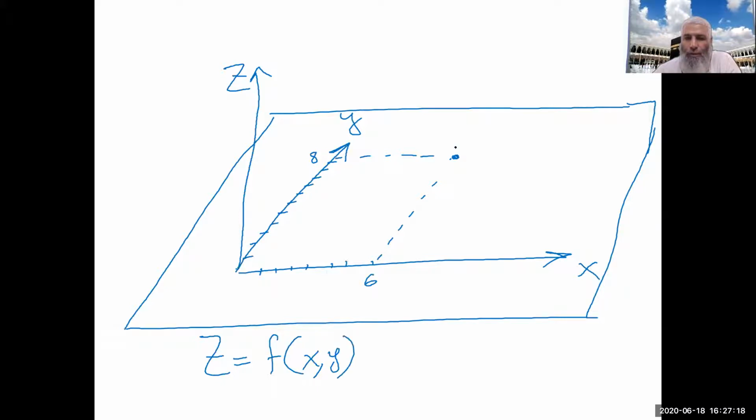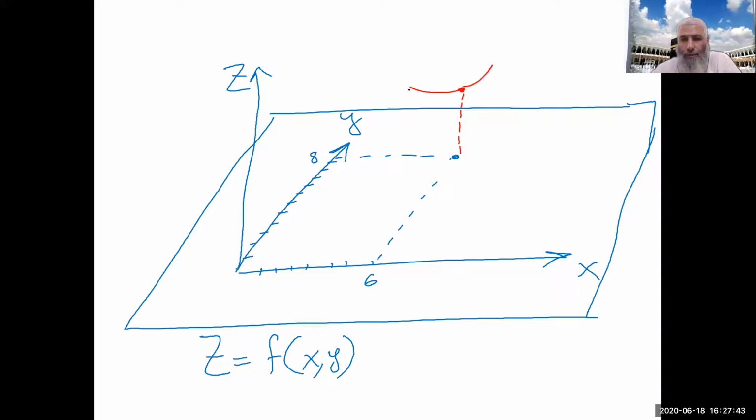So z, let's say, at this place is here. So each x and y point has another value of z.